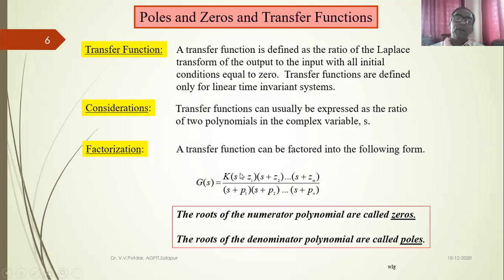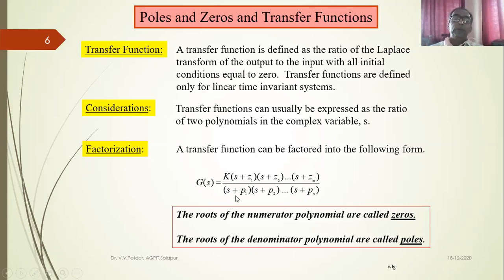Be attentive. K into s into (s+1)(s+2)(s+3). And the denominator, let us say it is factored as, once again, s in the denominator into a bracket (s+1), maybe (s+5)(s+6)(s+7), right?